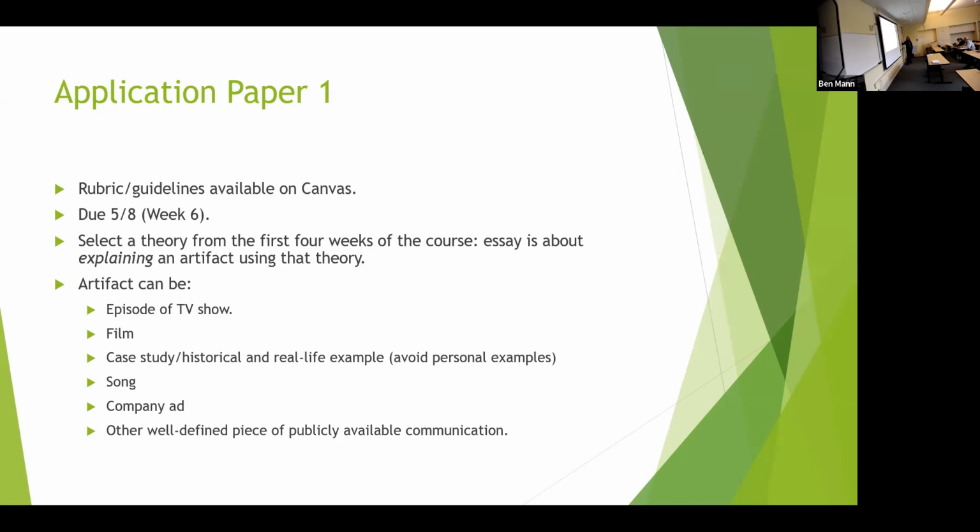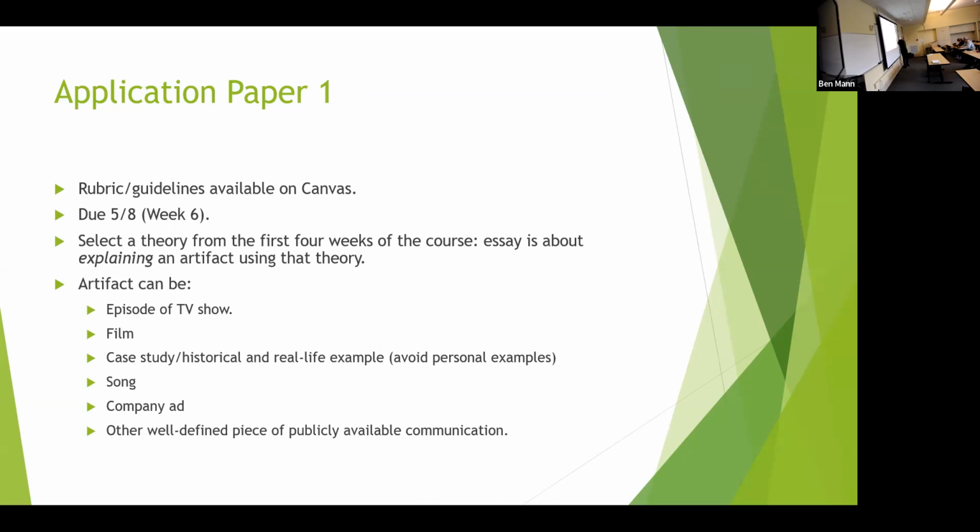Using an example that's publicly available, like a public speech or address or a piece of media, is something that we ourselves as readers can see, so that we can see the work that you're doing rather than us only getting from you what that source is. So I definitely recommend using real life examples that are not personal ones.